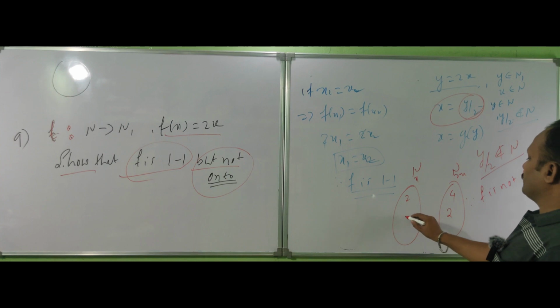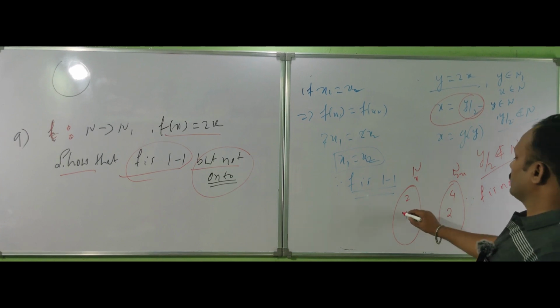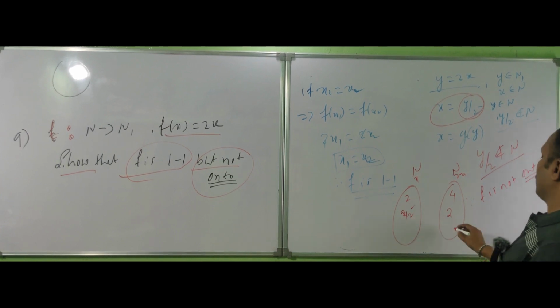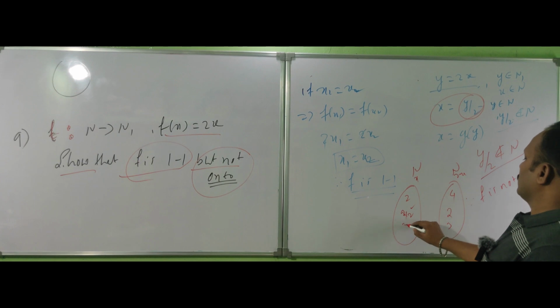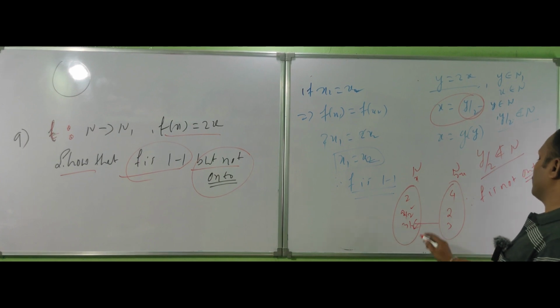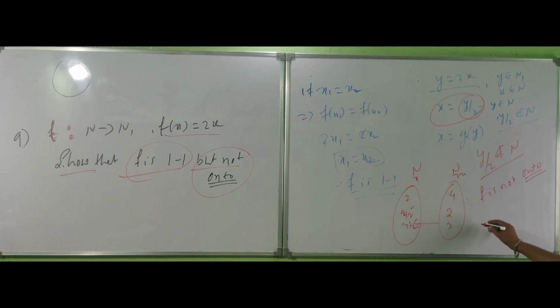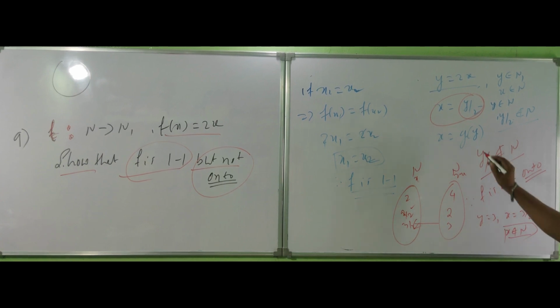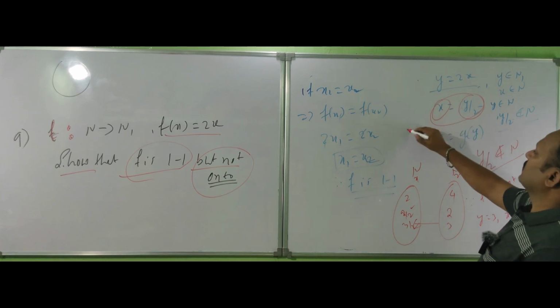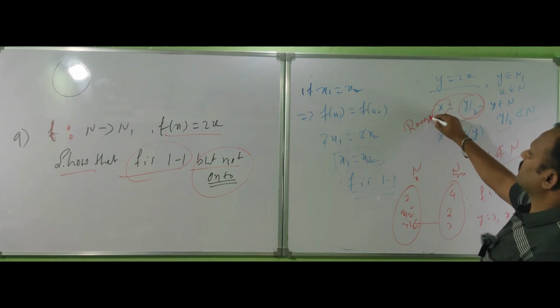For 2, we should have 1 by 2... for 2 we have 2 by 2, for 3 we have 3 by 2, which is not possible. For y is equal to 3, x becomes 3 by 2 and x does not belong to n. This is the range for the onto function.